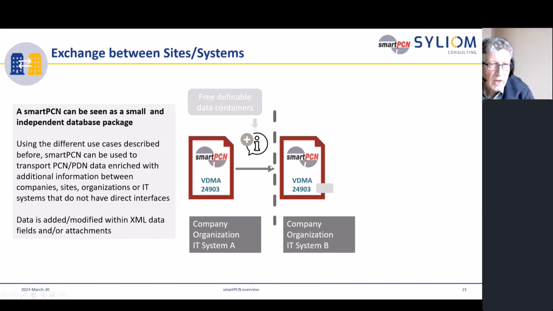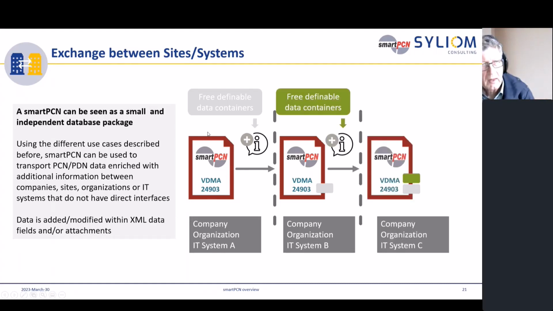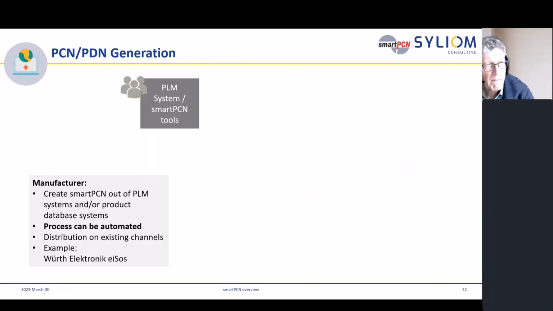So you add to the exchange just the information about which company it is coming from. And so you can go through this workflow, adding data as in the slide before, to forward information between different companies or organizations within a company.